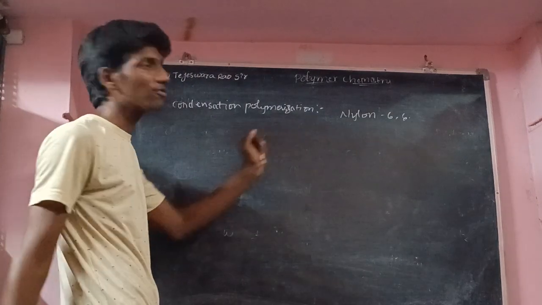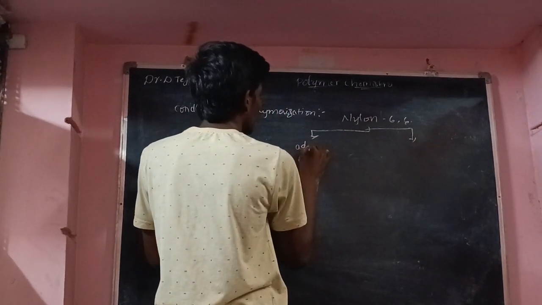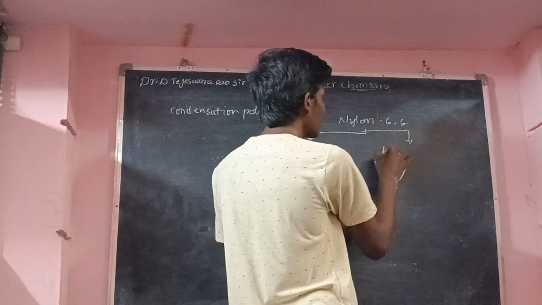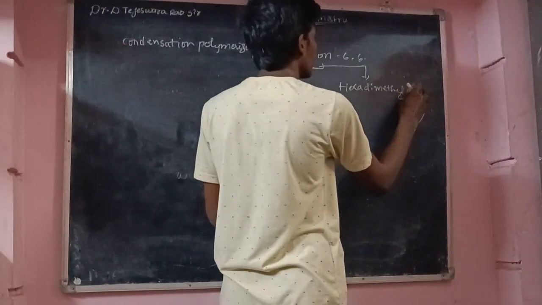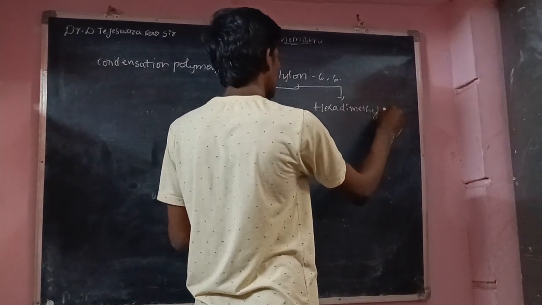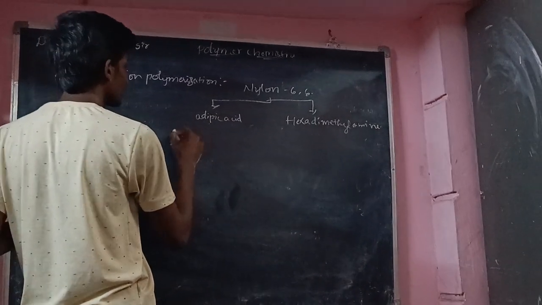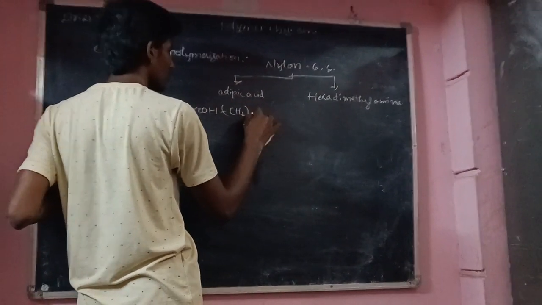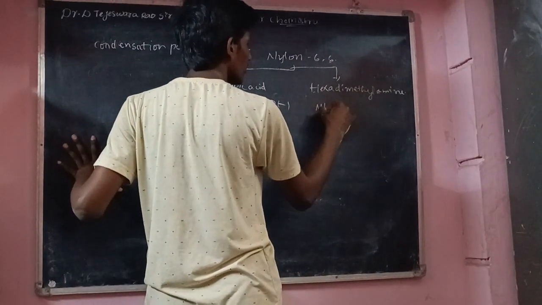The monomer units of nylon 66 are adipic acid and hexamethylenediamine. The structure of adipic acid has COOH groups.